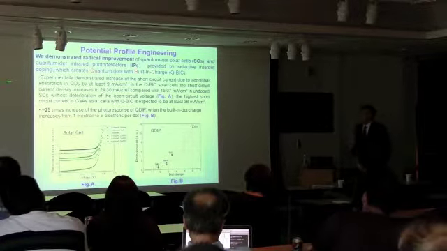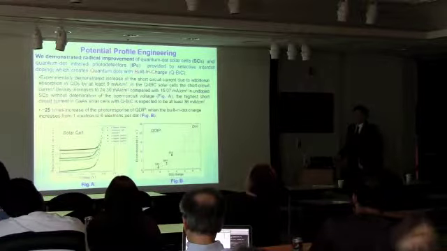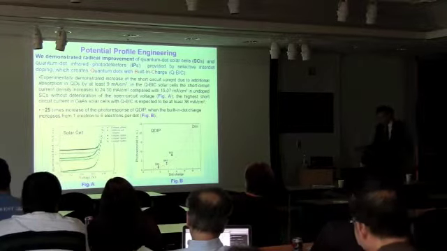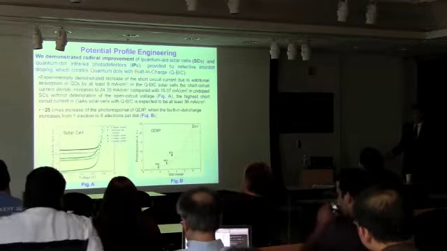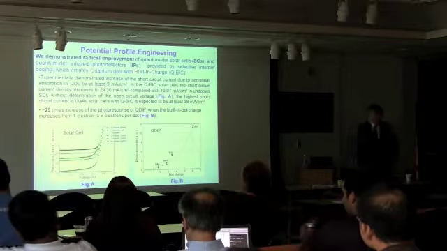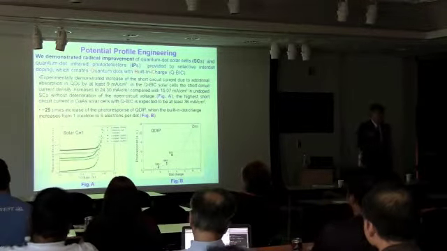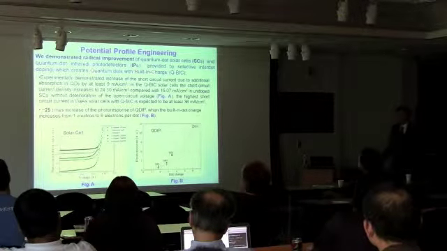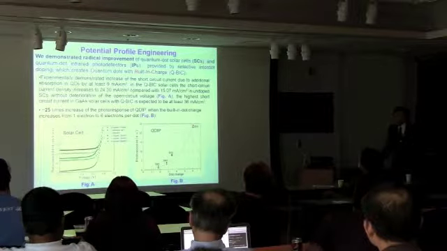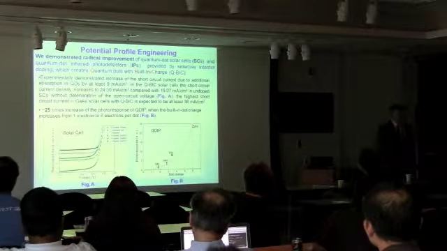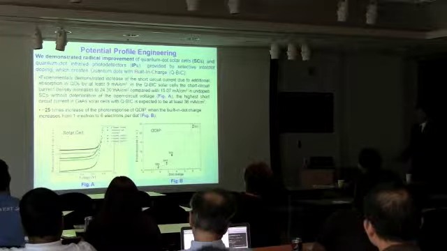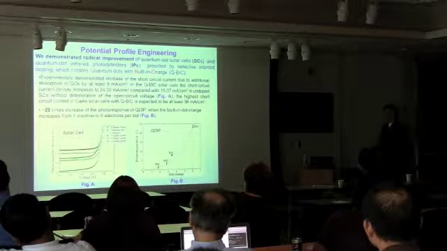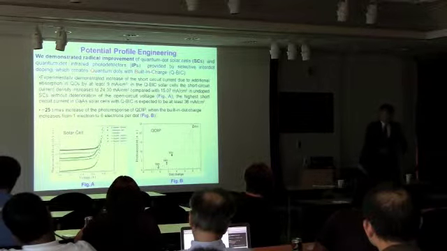The short circuit current, which is what you measure if you shorten the solar cell and see the current from it, has an additional 9 milliamps per square centimeter from the quantum dots that we embed in the material, and we have this only if we charge the dots. If we don't charge the dots, we don't have improvement at all. And second, I will talk about quantum dot infrared photodetectors, where we have an increase in responsivity by 25 times.